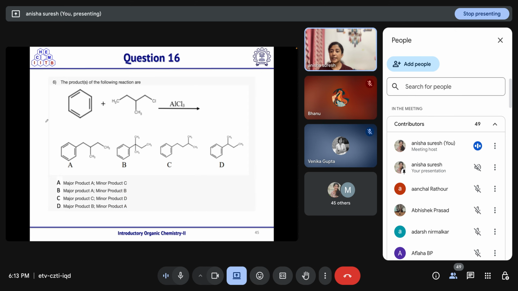Now coming to question number 16. The products of the following reaction are. So here, this is a Friedel-Crafts alkylation reaction, and they have provided 4 options, A, B, C and D. Here 2 products will be forming, one major product and one minor product. So both of the products you have to identify.